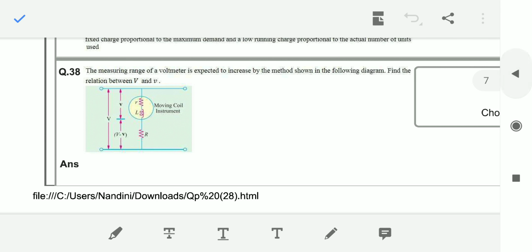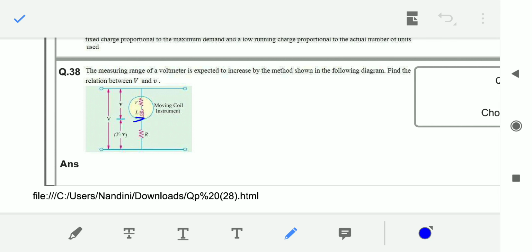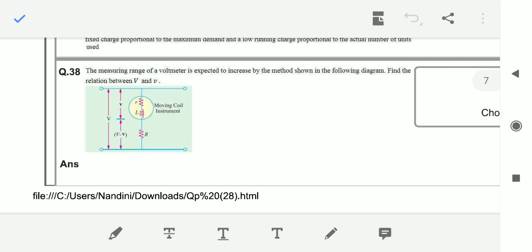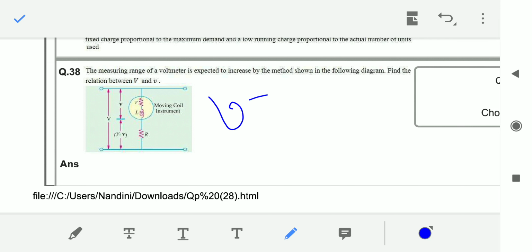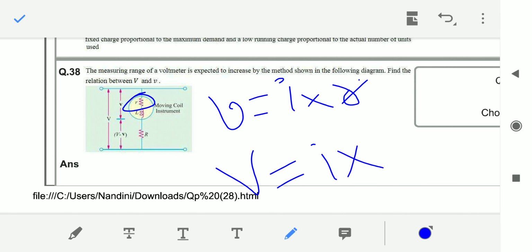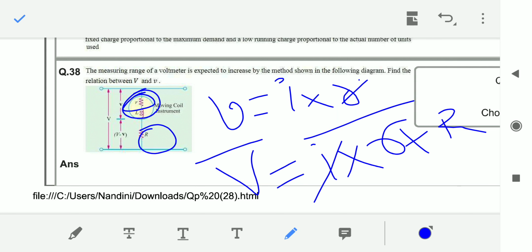Let me neglect the small r value and assume the current flowing through this branch is small i. Then small v is equal to i into only the small r, whereas capital V is equal to i, the current flowing through this branch, into the total resistance, that is small r plus capital R. If I divide these two equations, i gets cancelled.